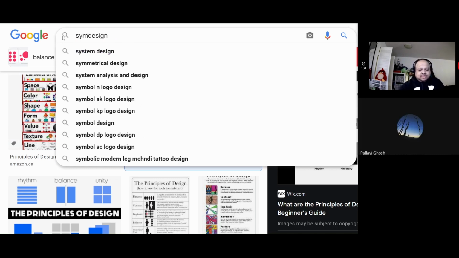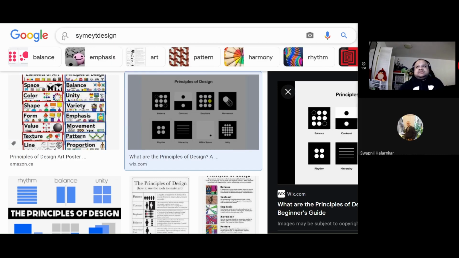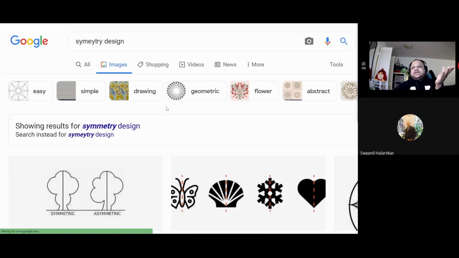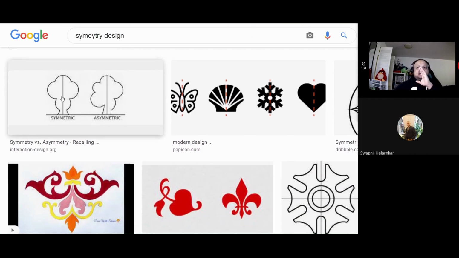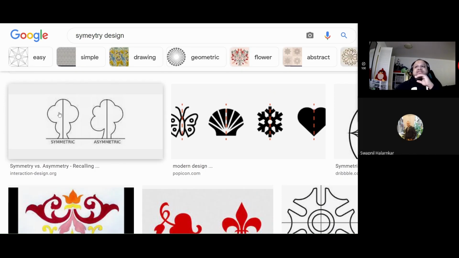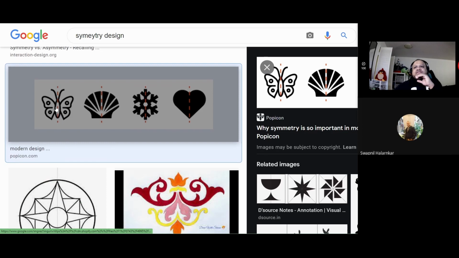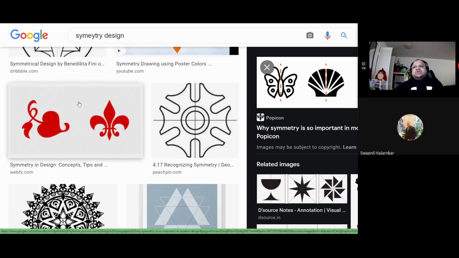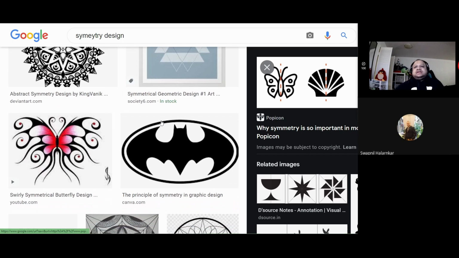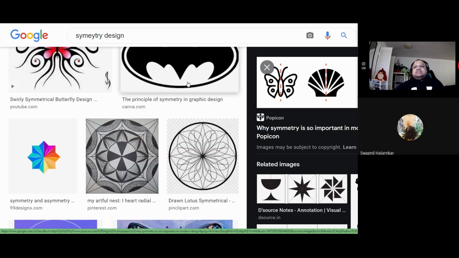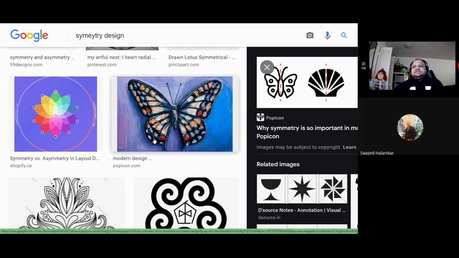Our body is a symmetrical design, half this side and half that side. The butterfly is a symmetrical design. You can see that the half side matches when there is a line between it. Even Batman is a symmetrical design.